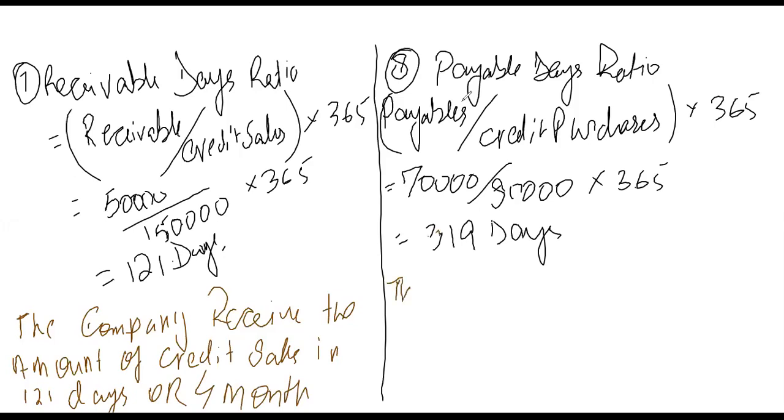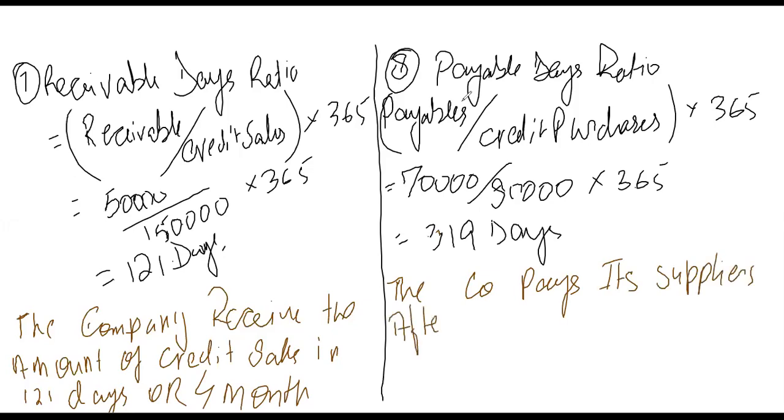However, the company pays its suppliers after 319 days. The best situation for the company is that it purchases a particular product, sells it to the customer, receives money from the customer, keeps its profitability with itself, and then returns the amount it ought to return to its suppliers.